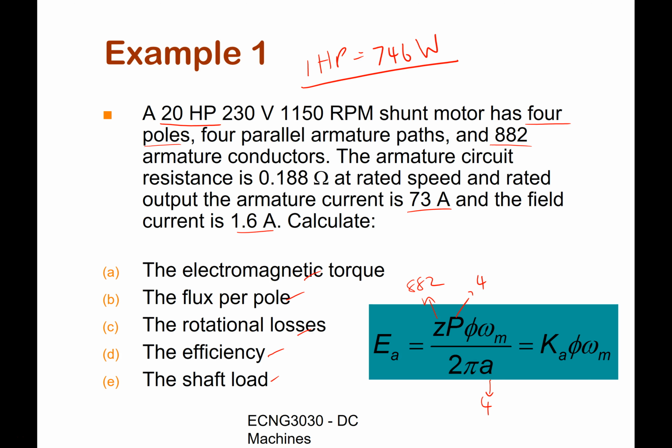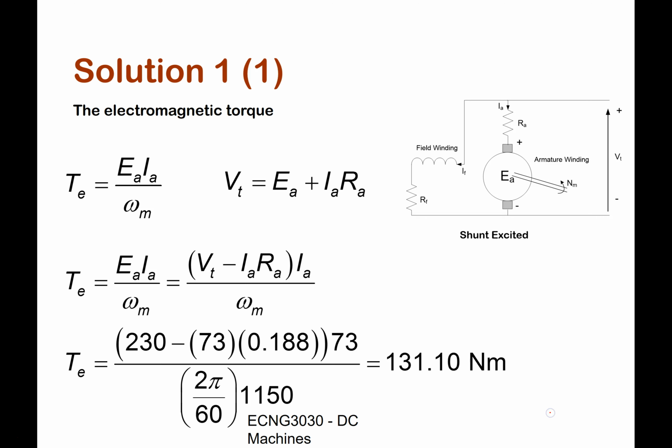So to get started, we're going to look at finding the electromagnetic torque. So we're going to look at here TEωm is equal to EAIA. This is what we're going to use. We have the diagram of the motor here. We have the field winding. Now I've just separated the resistance from the coil.